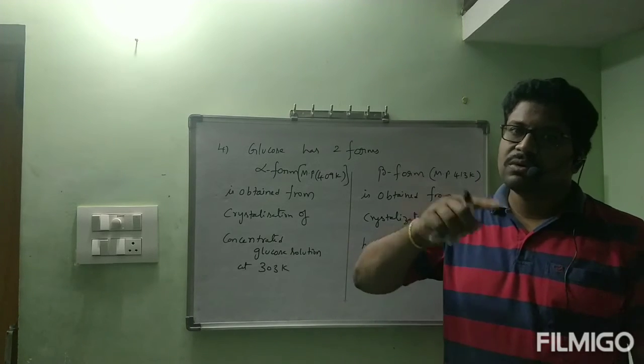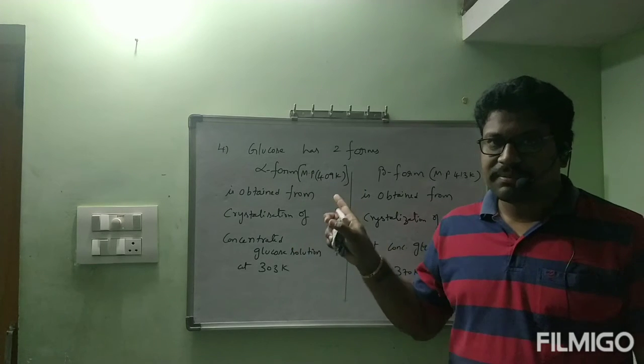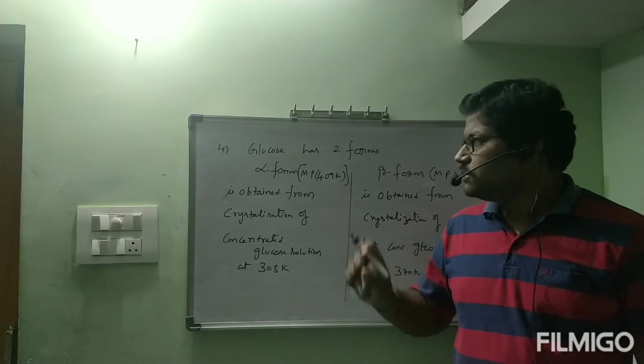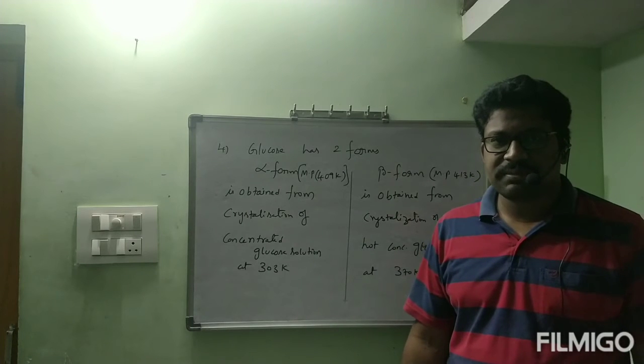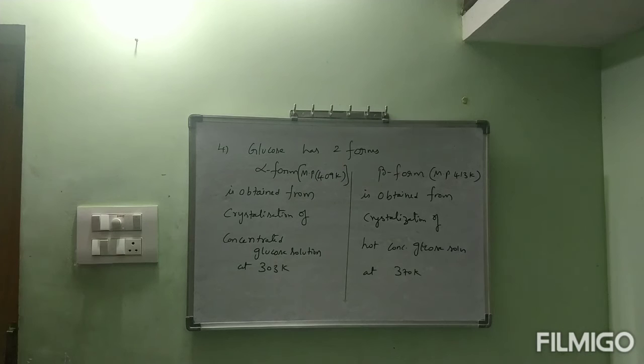It is involved in the closed chain structure. After writing the closed chain structure, I will explain once again. I hope the alpha form and beta form explanation was clear. These 4 points are supporting the closed chain structure of glucose.